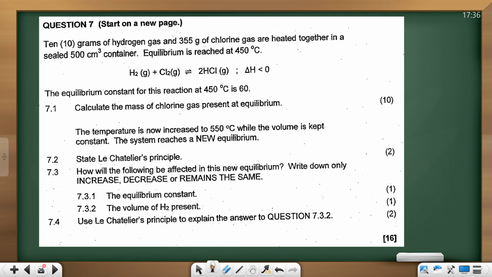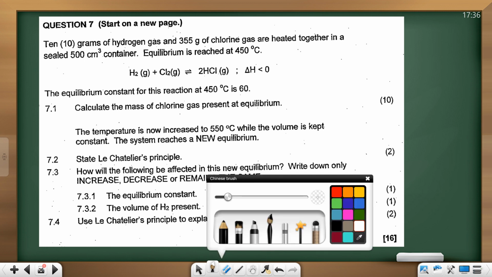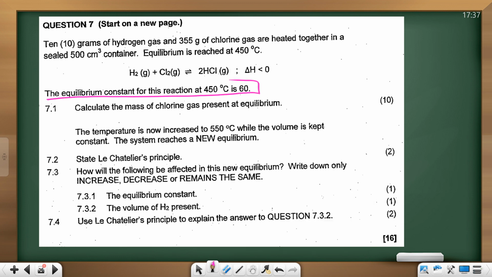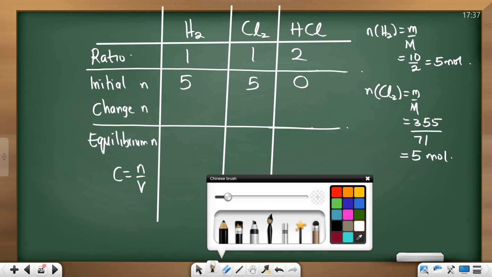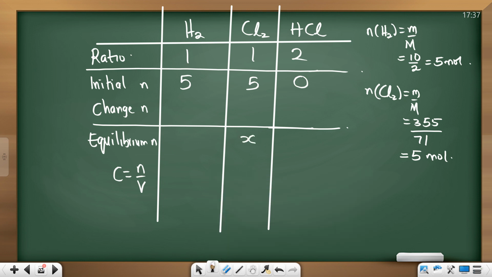We're told to calculate the mass of chlorine gas present at equilibrium. But we were told that Kc is 60. We're looking for the mass of chlorine gas present at equilibrium. You know what I will do? I will write X there.